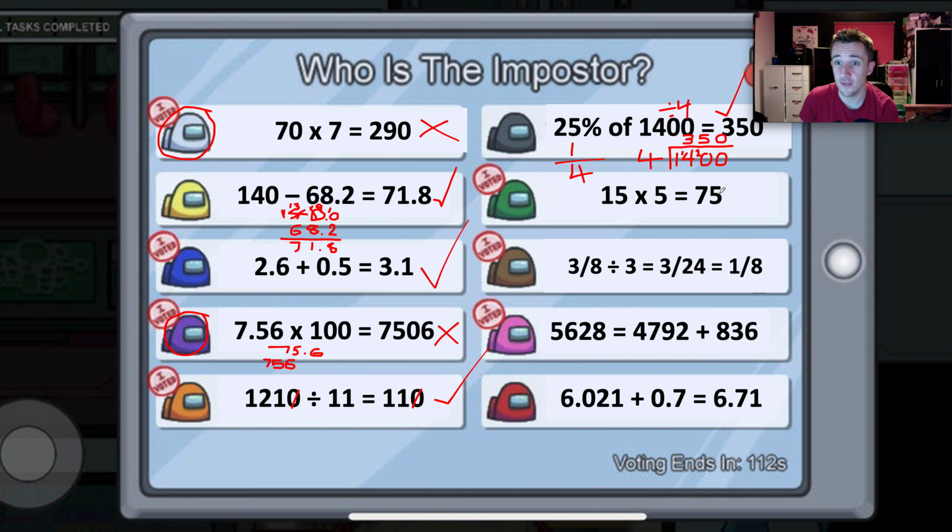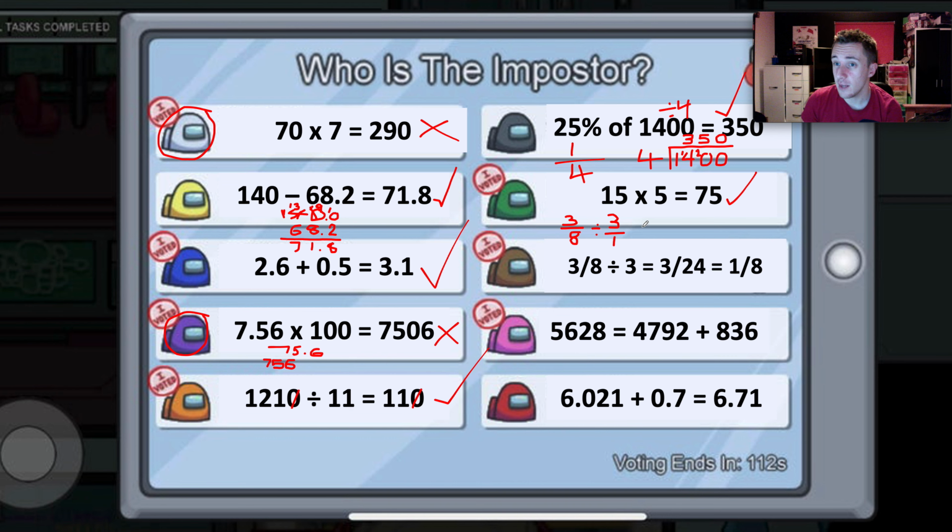15 times 5 is 75. Well, 10 times 5 is 50. 5 times 5 is 25. Add them together. Okay, 3/8 divided by 3 is 3 over 24. Well, I know that that is the same as 3/8 divided by 3 over 1, because any number as a fraction is itself over 1.